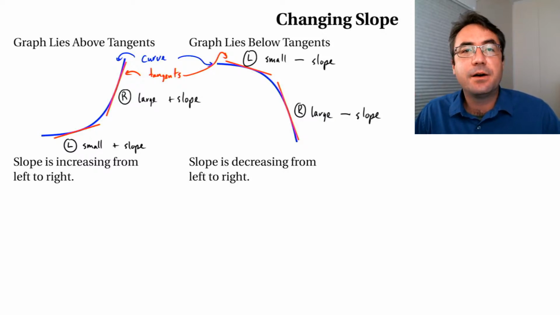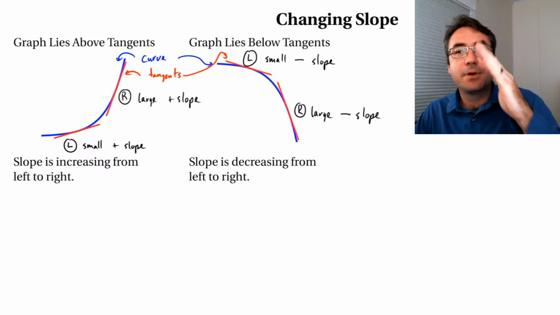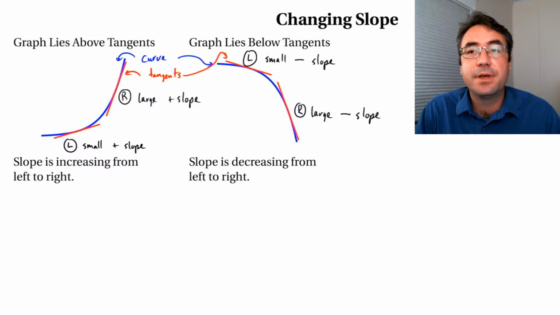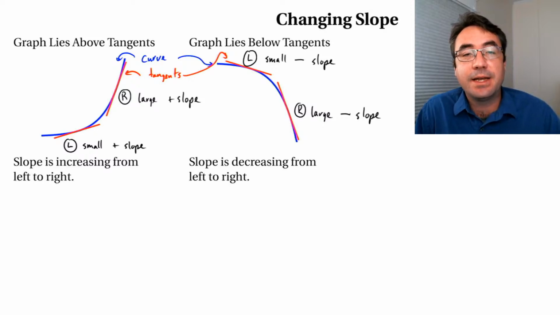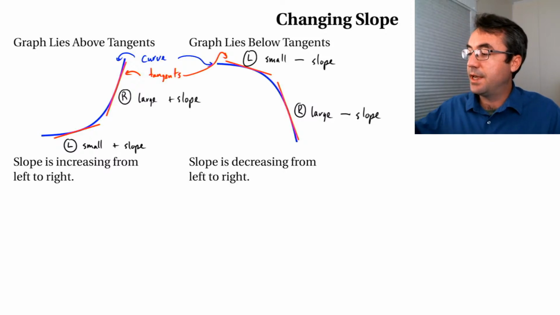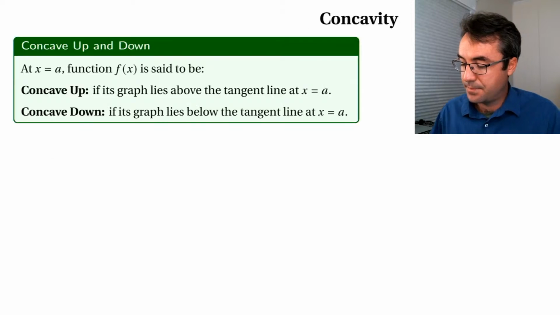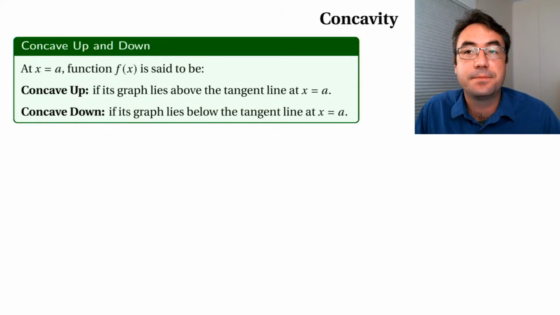So this idea of having our slope change, where the tangent lines are getting steeper, getting more positive, or the tangent lines are getting more negative, is related to the next idea, and that's concavity.